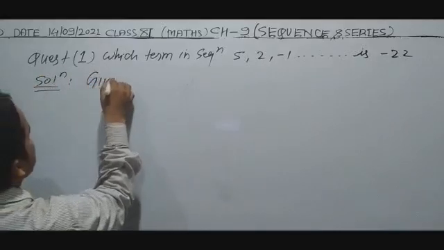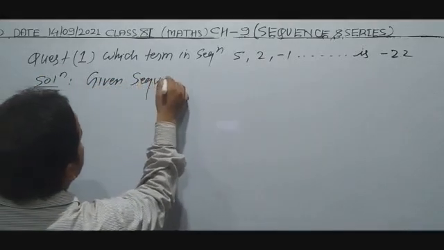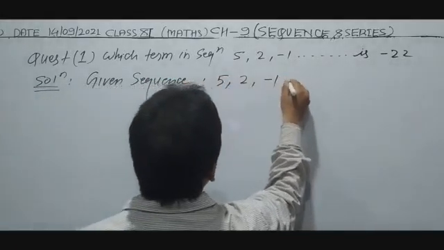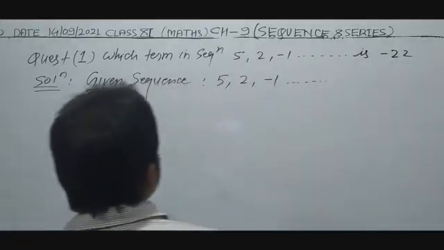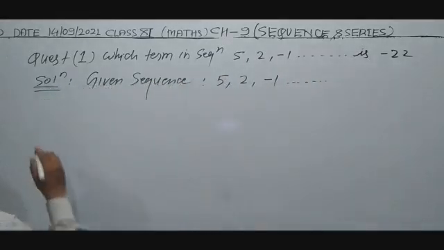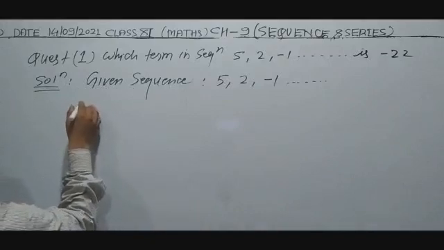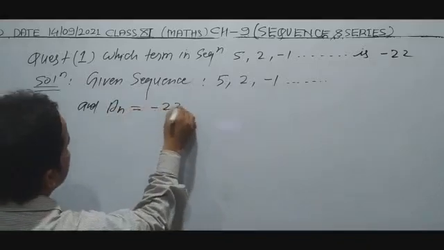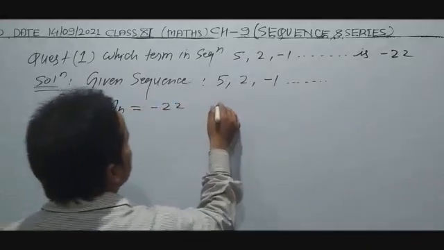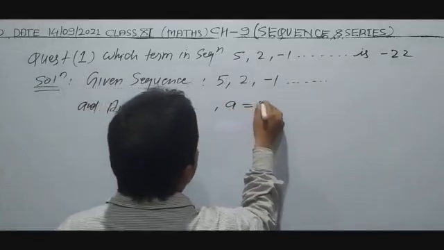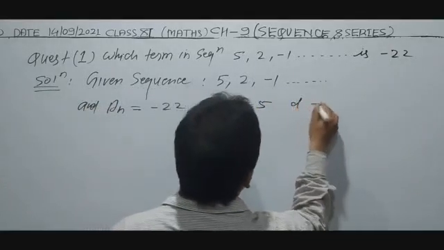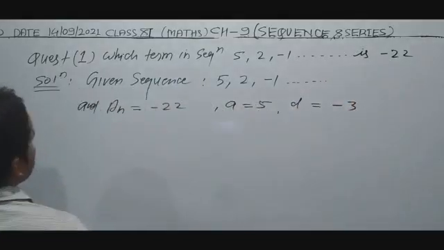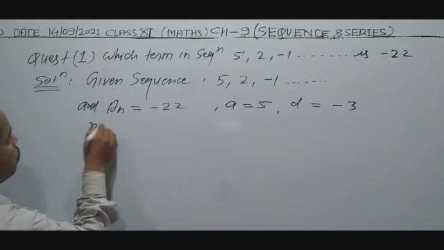Given sequence 5, 2, minus 1 up to this, and Tn means An result is minus 22. A is 5 and D is 2 minus 5, which is minus 3, and n is equal to question mark.